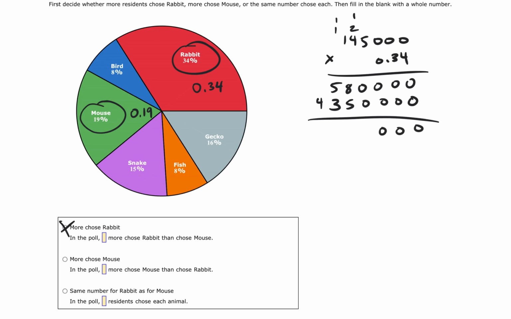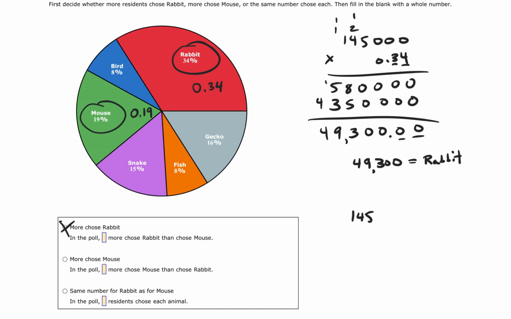So now we just need to add everything up, 13, 5, 8, 9, and 4. And then remember that we have 2 digits after the decimal point, these two right here. So we have 49,300 people who voted for rabbit.